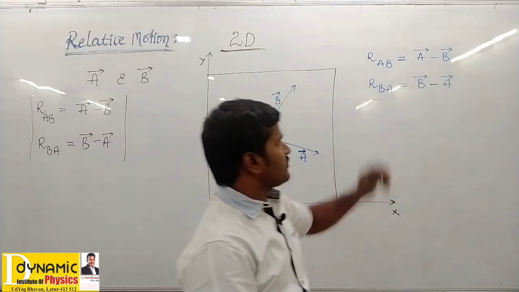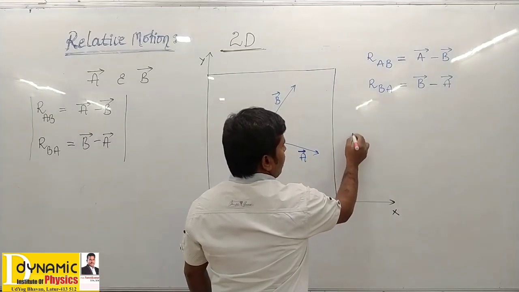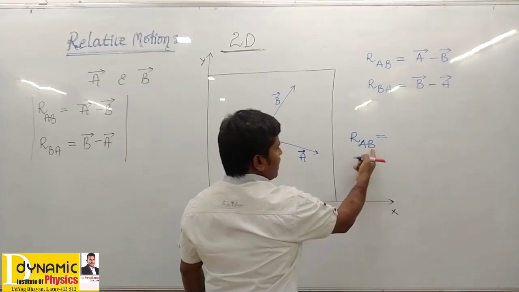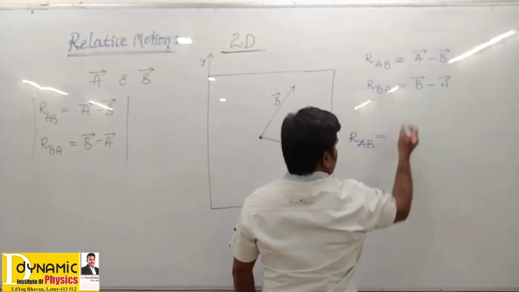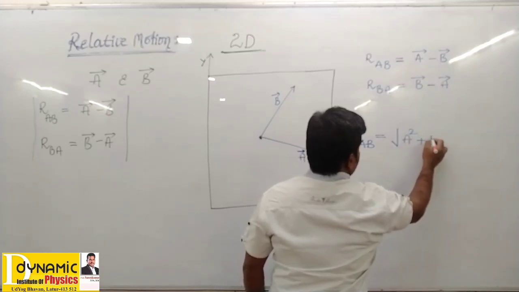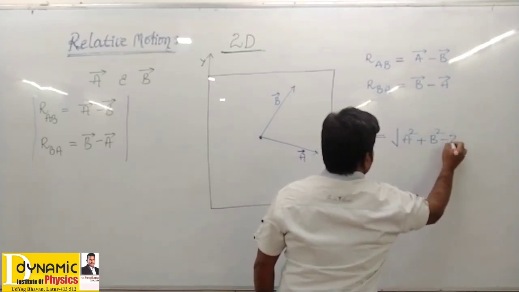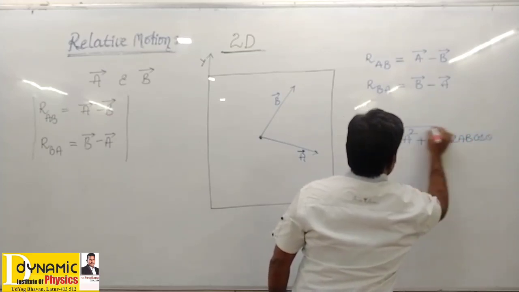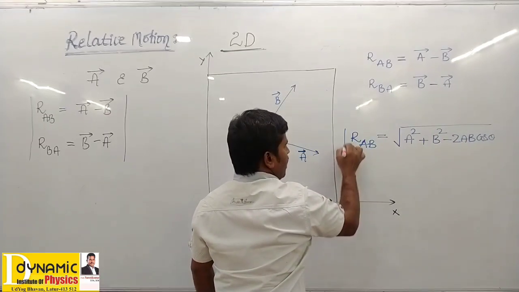So this is vector subtraction. The relative motion of A with respect to B, A bar minus B bar, is written as the square root of A squared plus B squared minus 2AB cos theta. This is the magnitude, mod AB.